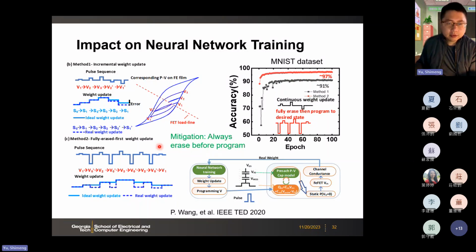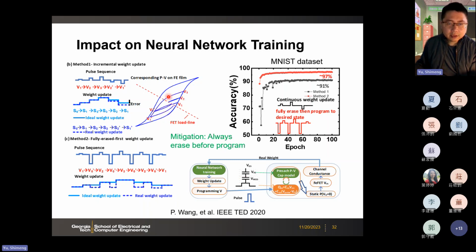So the suggested mitigation strategy is always erase before program. That means if you want to switch to the intermediate state, you have to go to the ground state first. You always apply a large negative pulse to make the device go back to S0, then go to the intermediate state. So do not switch between those two intermediate states. Always go back to the ground and then go up again.